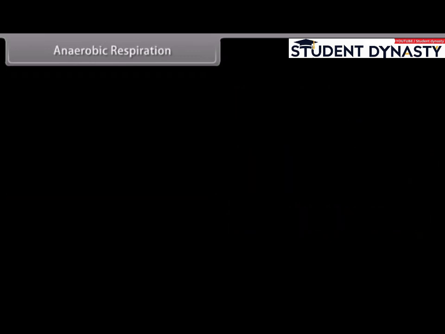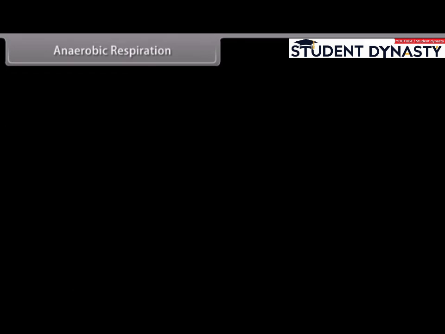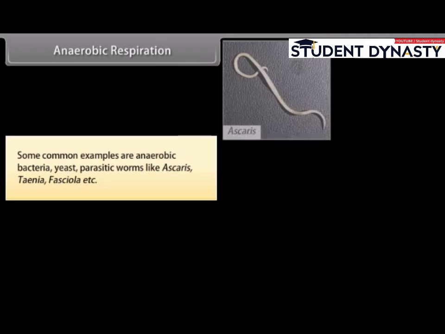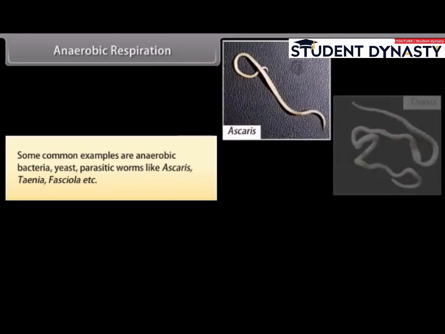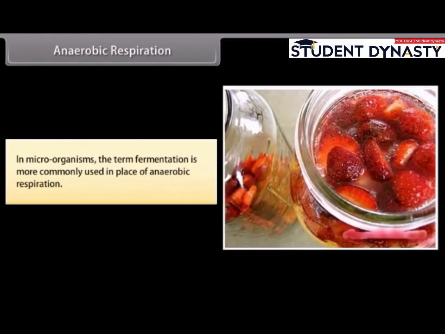Anaerobic respiration. When food is oxidized without using molecular oxygen, the respiration is called anaerobic respiration. Some common examples are anaerobic bacteria, yeast, parasitic worms like Ascaris, Taenia, Fasciola, etc. In microorganisms, the term fermentation is more commonly used in place of anaerobic respiration.